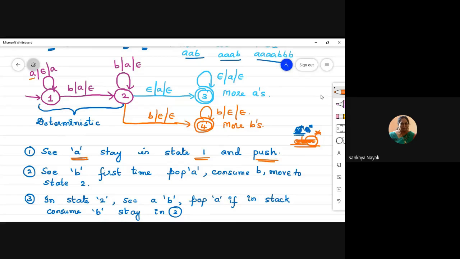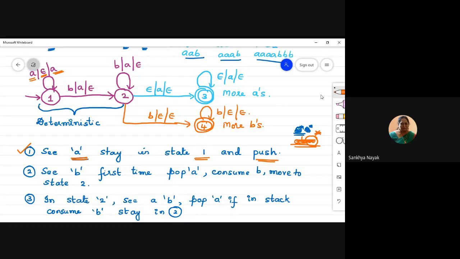You can see here, on getting A, it doesn't matter what is in the stack. It could be an empty stack or there could be anything else in the stack. Just push it. So for A's it is a simple action, deterministic, because if we get A in the input, no matter what is in the stack, we are going to push it.